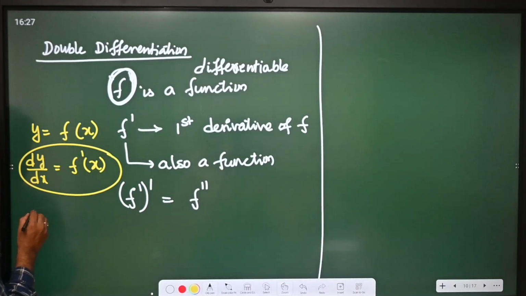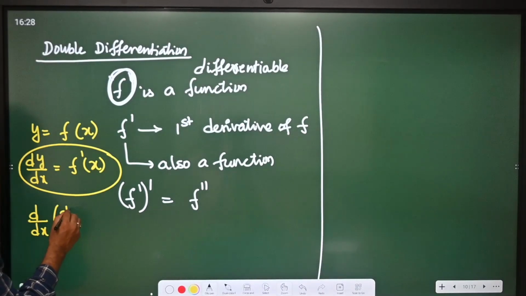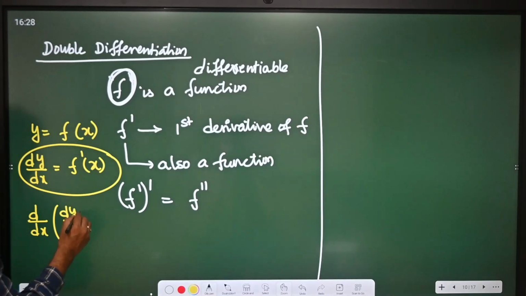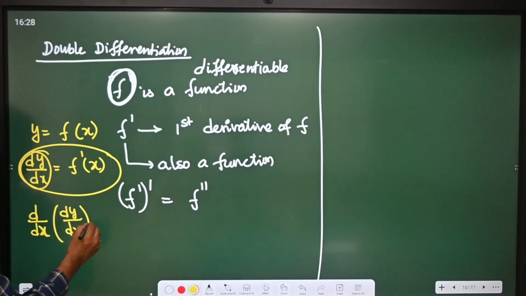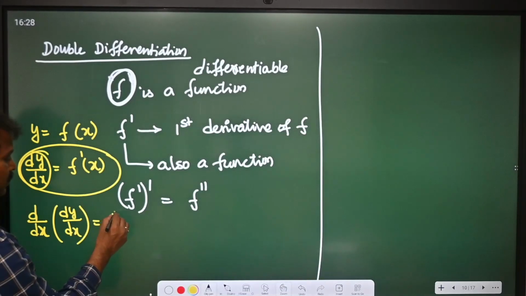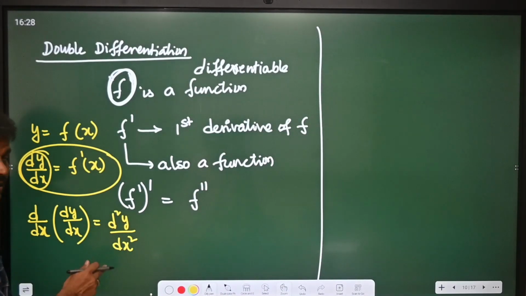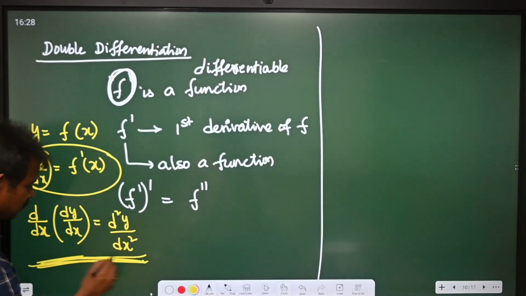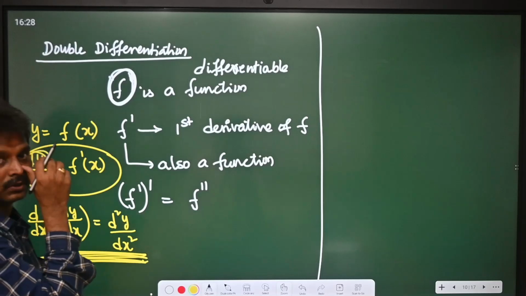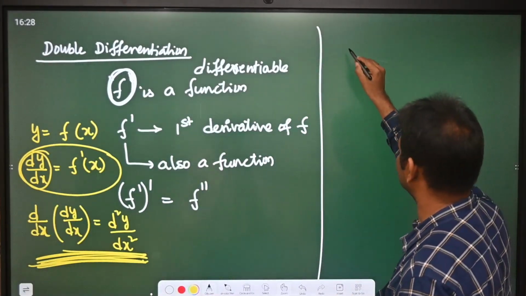Now the second derivative of y, we write as d by dx of dy by dx. So I am differentiating this with respect to x, which is given by d square y by dx square, the Leibniz notation, and this is how we can represent the double differentiation. So we will solve a problem based on this double differentiation.